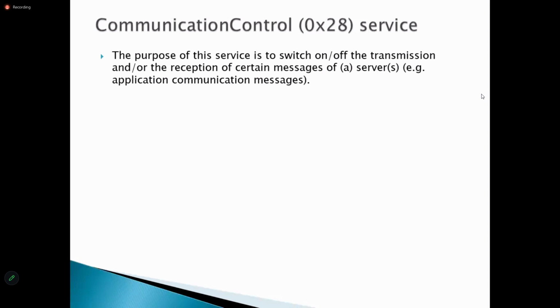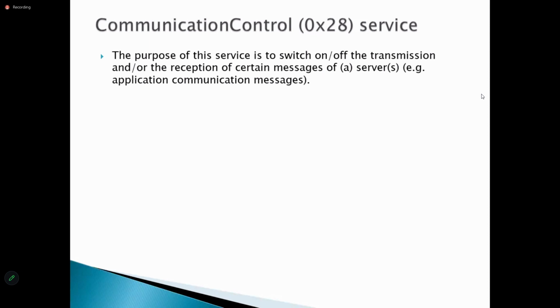Yes, sir. So that's why the purpose of this service is mentioned as switching on and off the transmission, or reception, or both, of certain messages of a server or a group of servers. So if we send using functional addressing, then a group of servers will enable or disable communication.